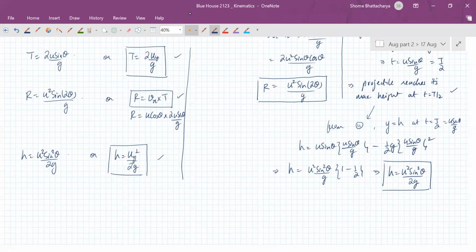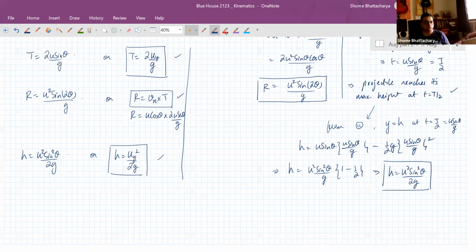Okay, now next thing, we look at what we were just talking about a moment back, the maximum range condition.